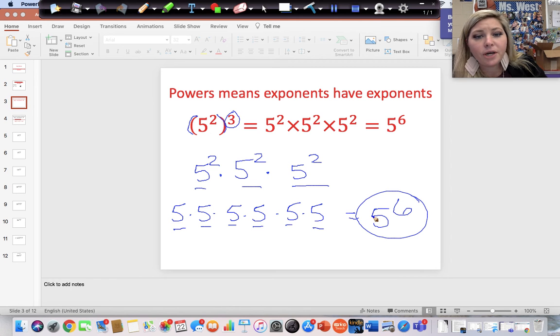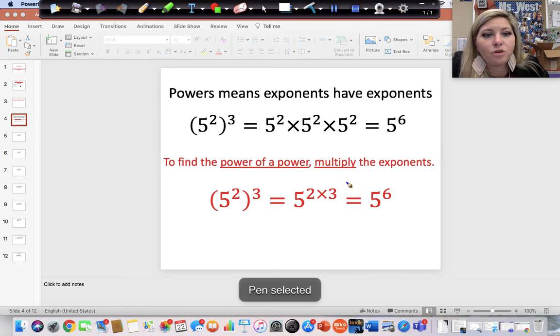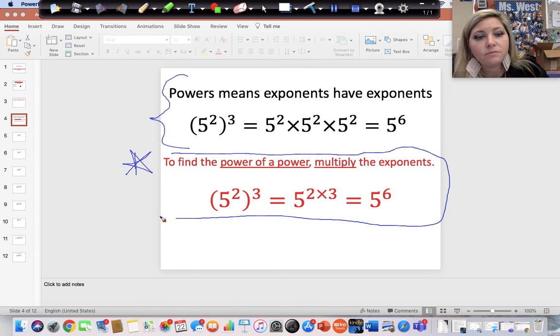Now, if you notice, here's the shortcut. You do not have to rewrite what is in black, you just wrote that down. So you need to write down, though, what is in red. This is important. To find the power of a power, you just multiply the exponents.